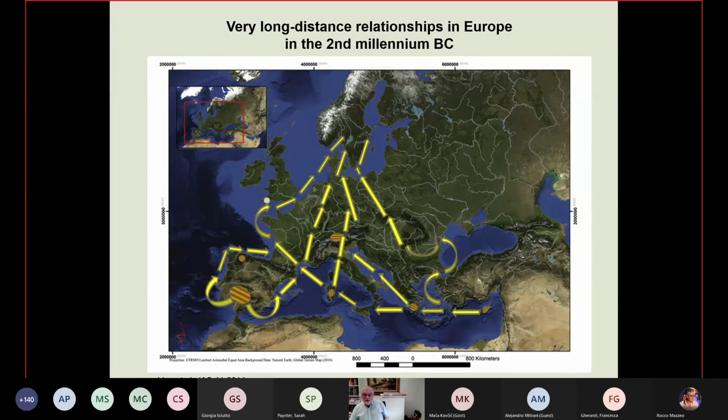Now, that you can also go astray shows this example, which was published, I think, in 2014, where bronzes from southern Scandinavia were analyzed and compared with the available database in this research team. And the available database was mainly the Mediterranean. And as I have said before, the more data we have, the more overlap we have.